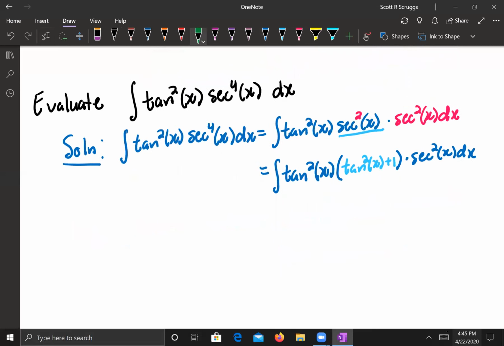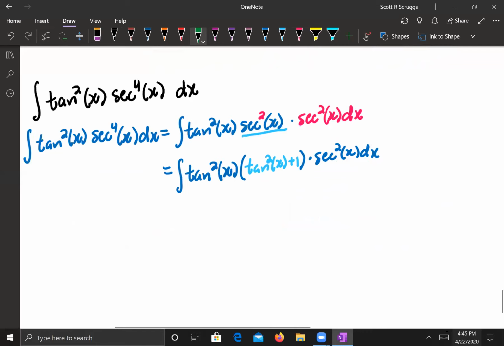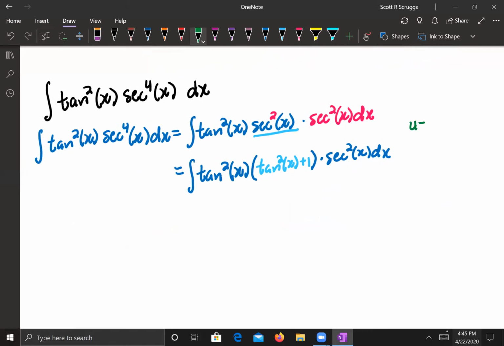So now I'm all set for my u sub. Let's do that on the side. My u is going to be tangent in this scenario, and my du is going to be secant squared of x times dx, which I already have in my integral, so I'm good to go.